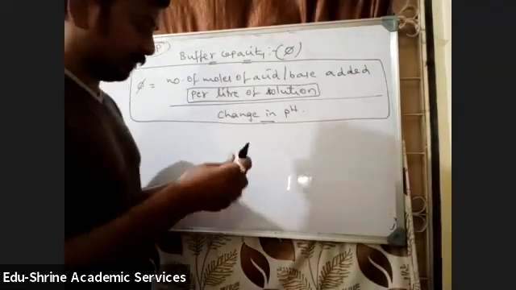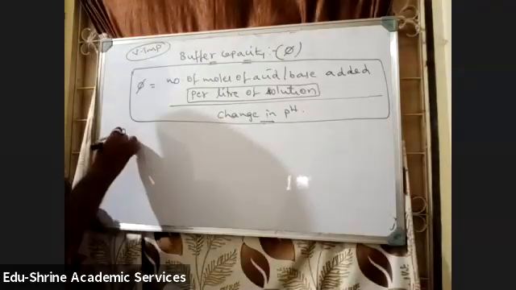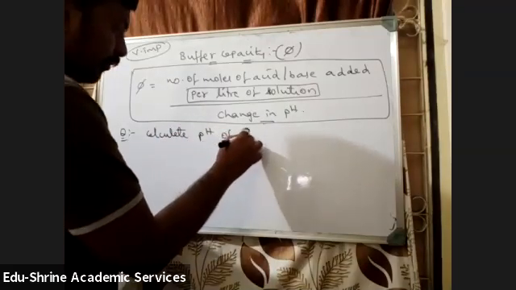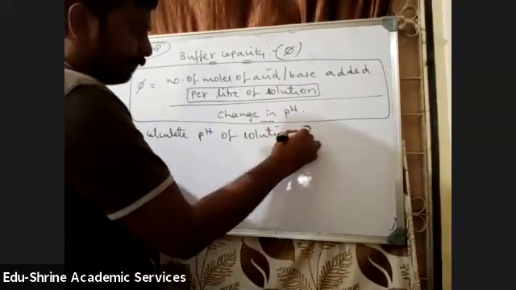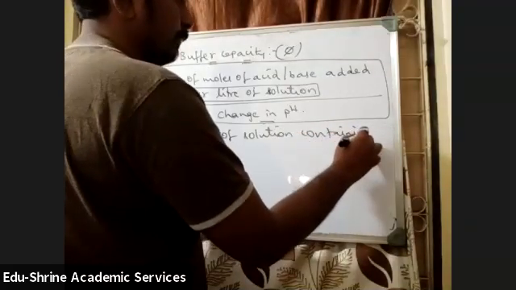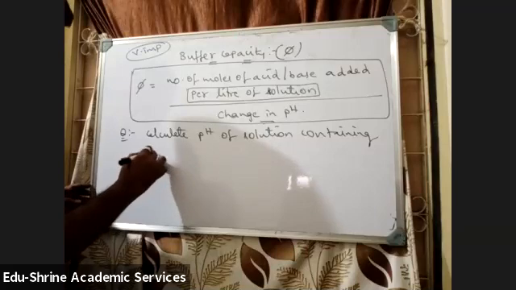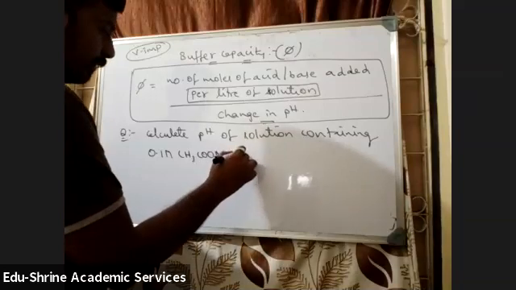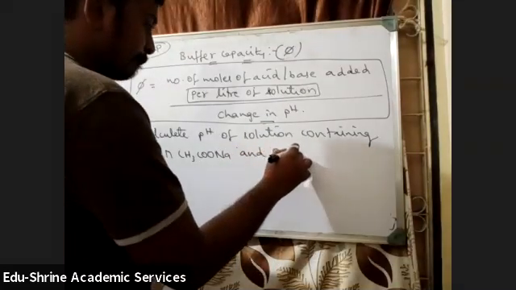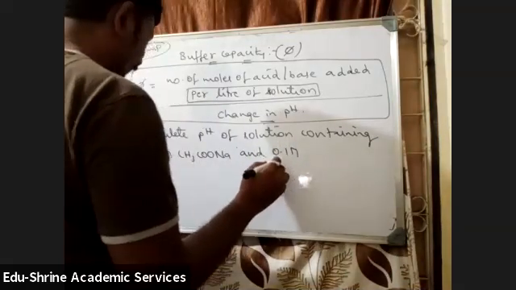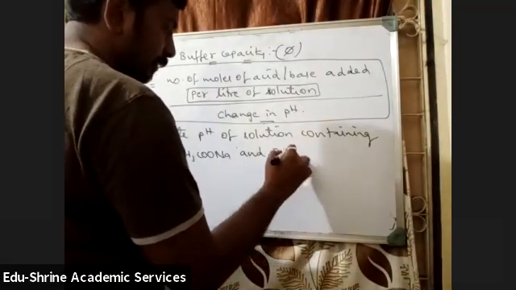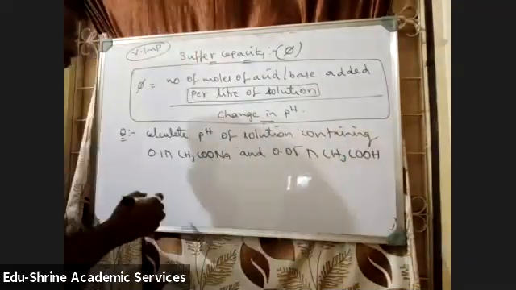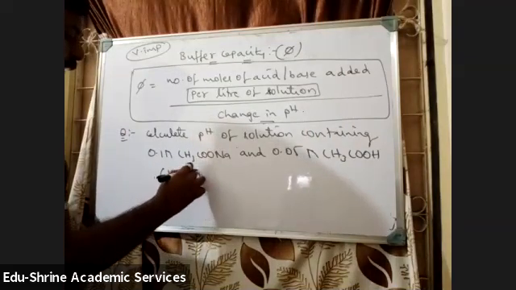One simple problem I'll give, students, to show what type of questions will be asked. Mostly direct questions only. Calculate the pH of a solution containing 0.1 mole of CH3COONa and 0.05 mole of acetic acid whose Ka value is 10 power minus 5.